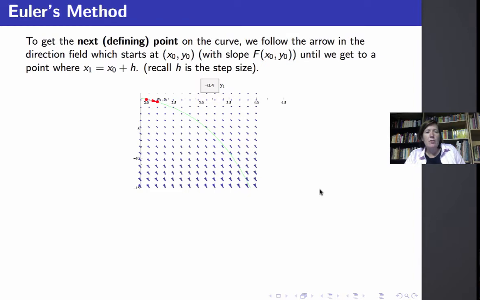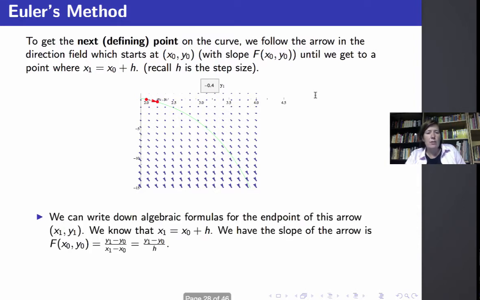So to get to the next point on the curve, we follow the arrow in the direction field, which starts at x naught, y naught, and its slope, of course, we know is f of x naught, y naught. We stop when we get to the point where the x value is x naught plus h.